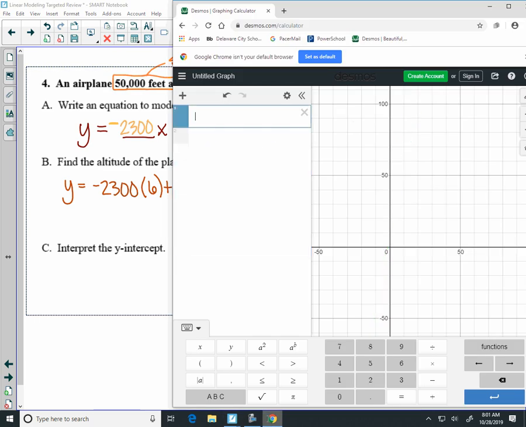You can put the basic equation in and pull up the table. I'm going to put it in just as it looks: negative 2,300 times 6 plus 50,000. So after 6 minutes of descending at this rate, our altitude would be 36,200 feet.